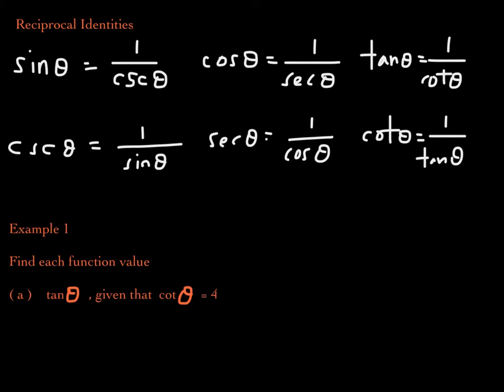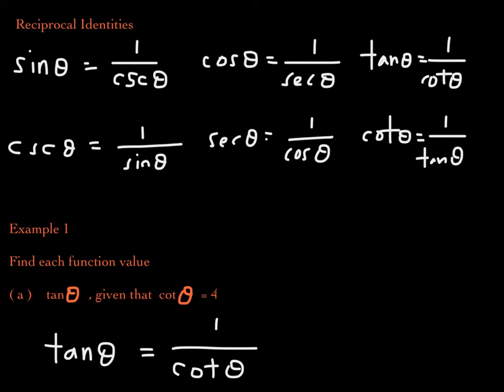Here's our first example. Find each function value. They want you to find tangent of theta given that cotangent of theta is 4. Now, I am thinking about using this identity. The tangent of theta is what they're asking me for, and we know that tangent of theta is equal to 1 over cotangent of theta.